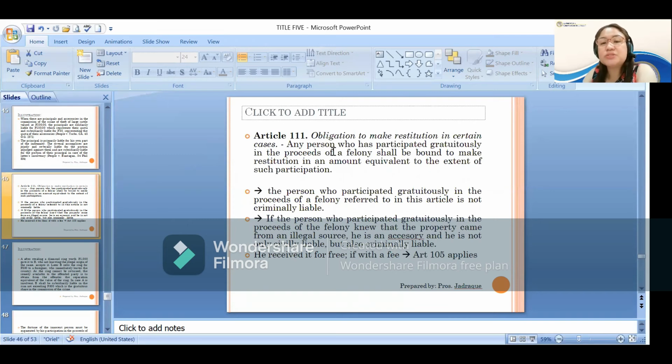Who is this person who participated gratuitously? The person who participated gratuitously in the proceeds of a felony referred to in this article is not criminally liable. In other words, the law cannot go after him even as an accessory.